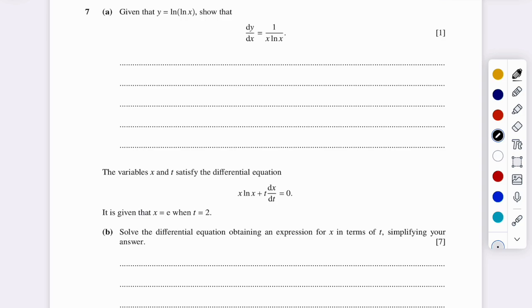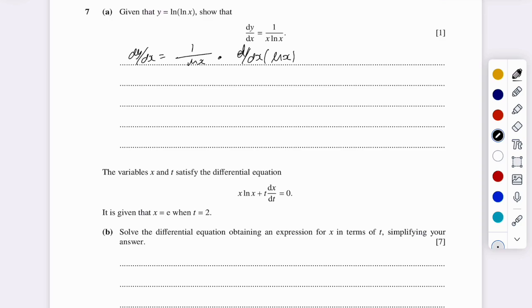Well, dy by dx, knowing that y is equal to ln of ln x, it's simply going to equal 1 over ln x. Then you apply the chain rule here. It's ln of ln x, so 1 over ln x times d by dx of ln x.